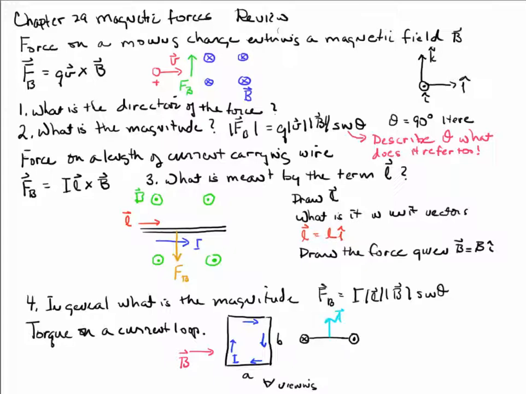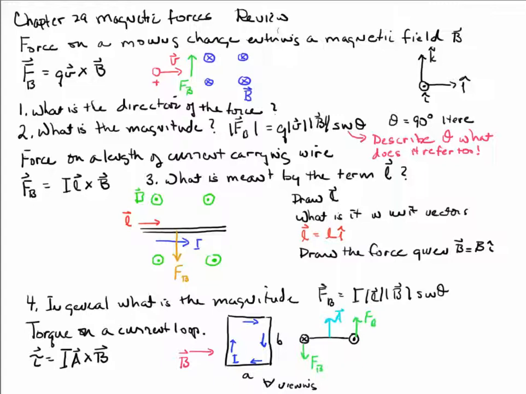We can denote the surface area of that loop by vector A, and you should be able to explain to yourself what that vector A means. And we can also diagram the forces, where I have the force on the left loop pointing in the negative k direction and the force on the right side of the loop pointing in the positive k direction.